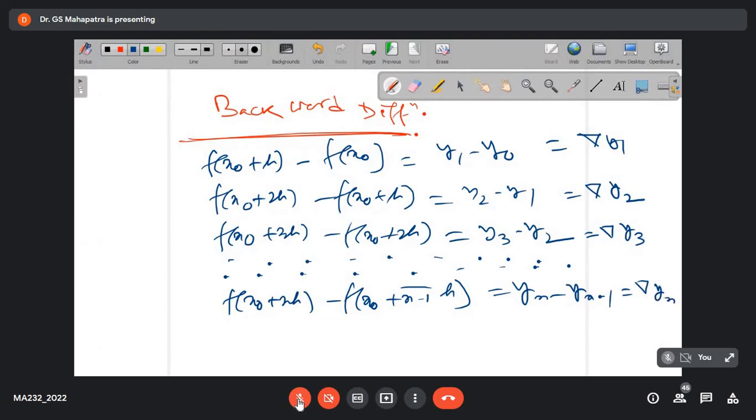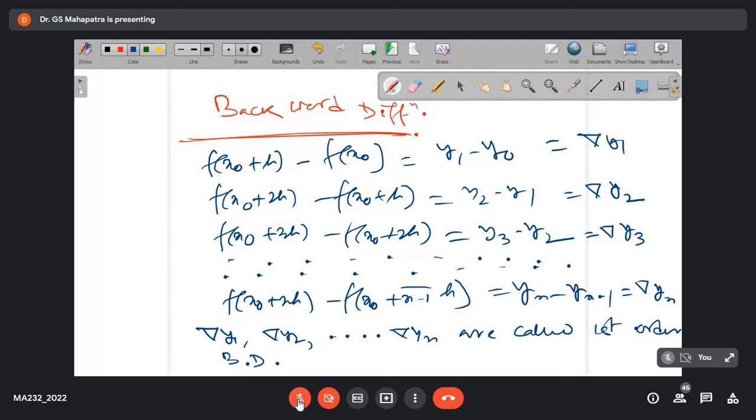Okay, so this is actually the reverse of del, correct? So these differences, nabla of y1, nabla of y2 and so on up to yn, are called first order backward differences.